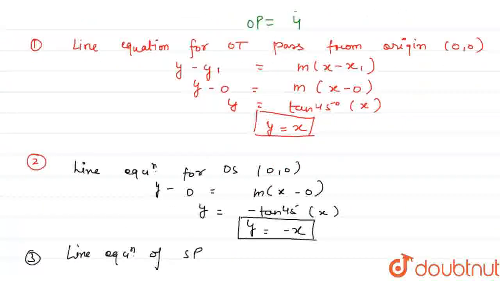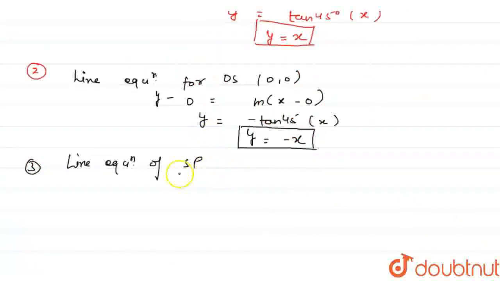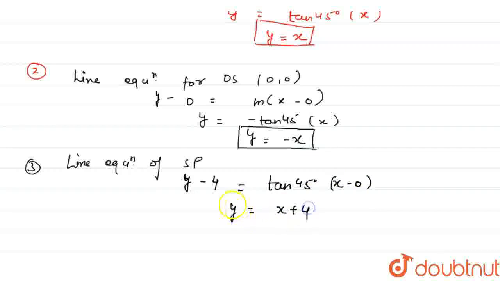So the line equation is y minus 4, and the slope will be tan 45, x minus 0. So y is equal to x plus 4.